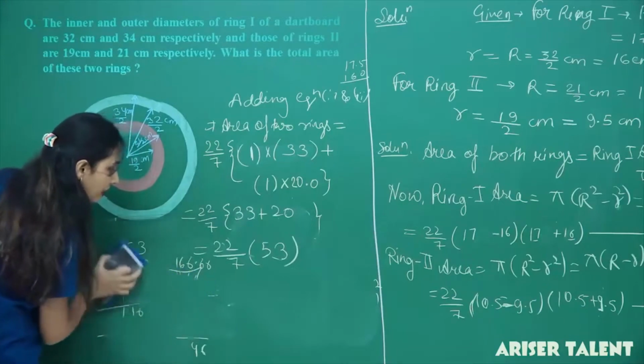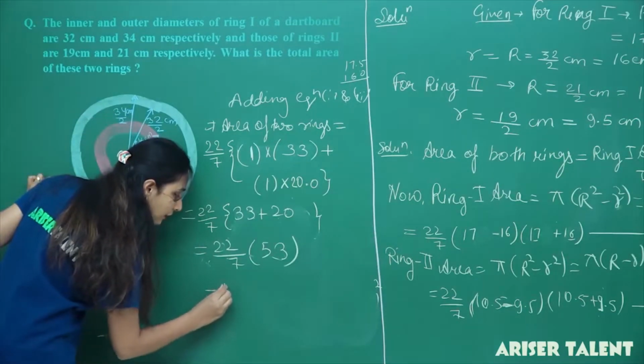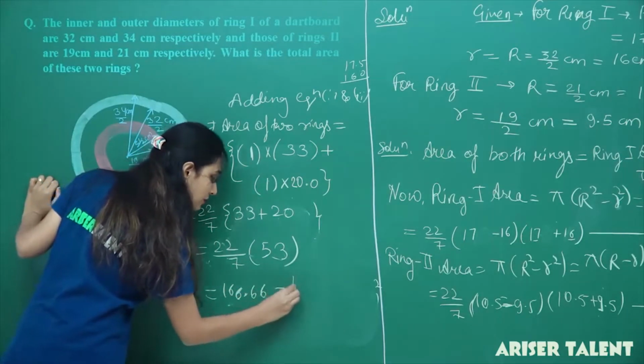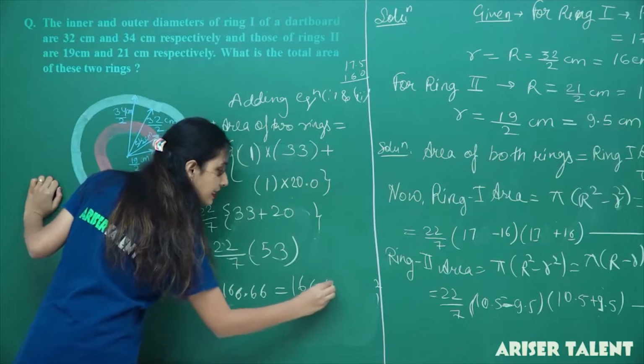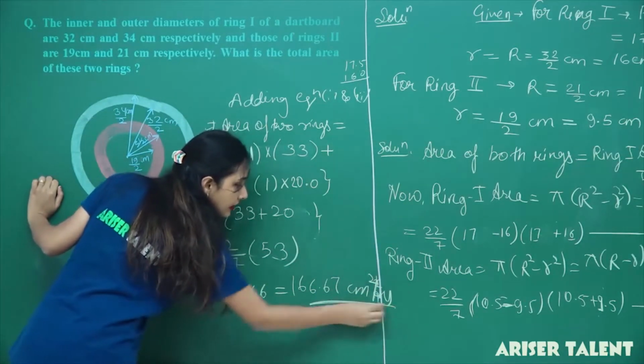Now what am I getting when I solve this? I am getting 166.6666. So I can just write it as 166.67 centimeter square, because it's an area.